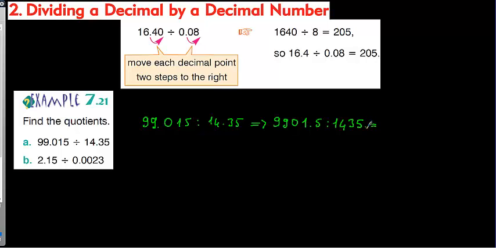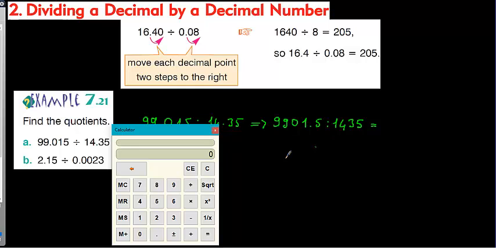Then we are going to do it like there's no decimal, and we are going to get the normal division. Then we are going to add the decimal point to the result.